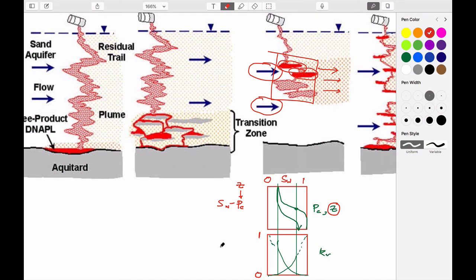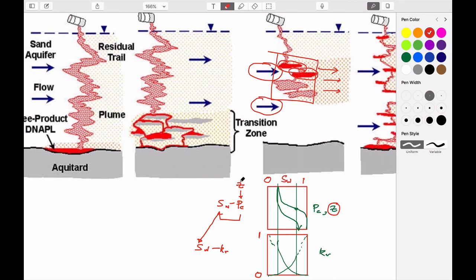And we know that we can link relative permeabilities also to saturations. And because we can link depths to capillary pressures, and we can link capillary pressures to saturations, we can also link saturations to permeabilities.